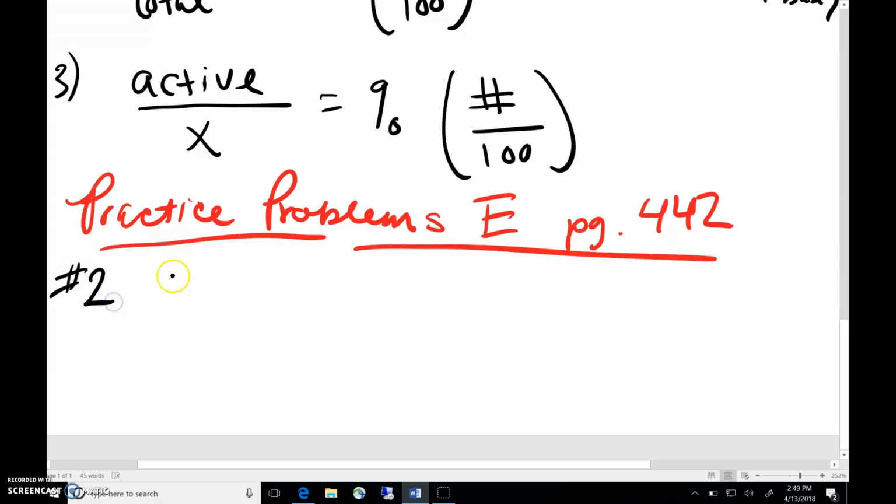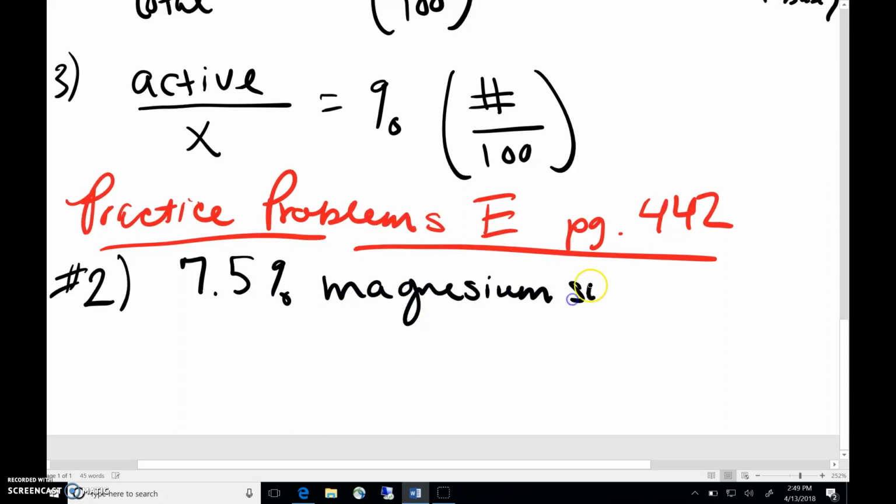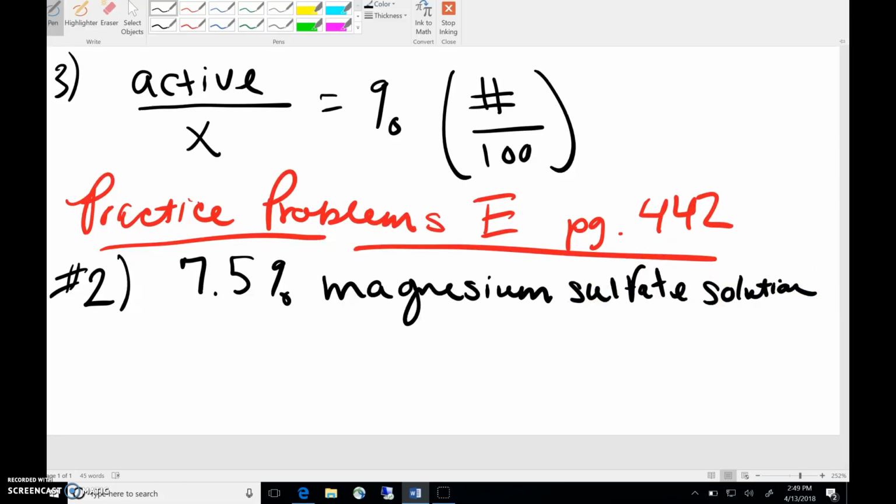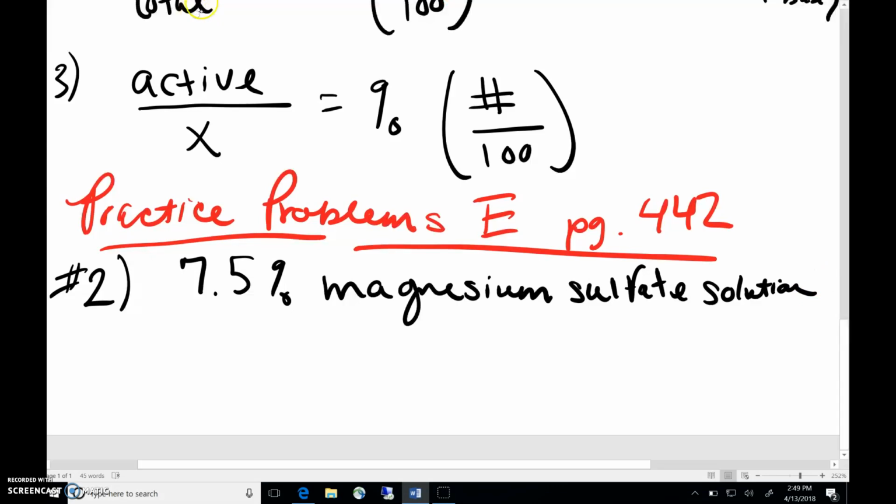Number 2 says we have 7.5% magnesium sulfate solution. Okay, so let's go ahead and identify some things right now.